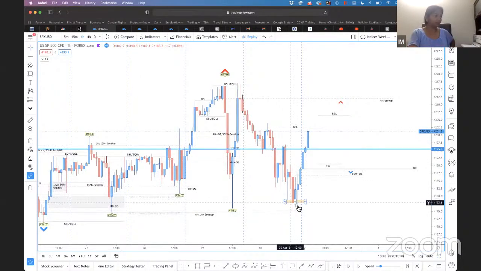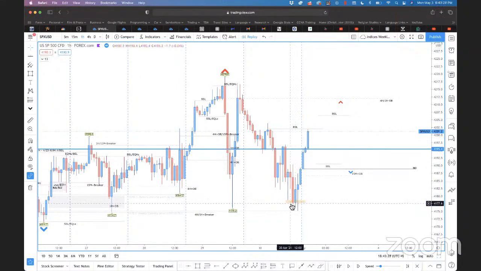And it doesn't really trade down any further past this. So if you took the break, you got 120 pips here. If you took this little retest, that would have gave you at most 200 pips.